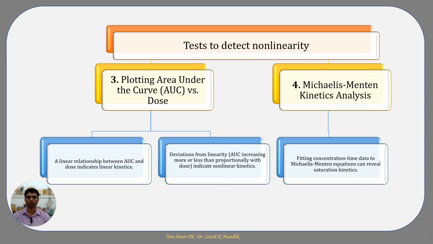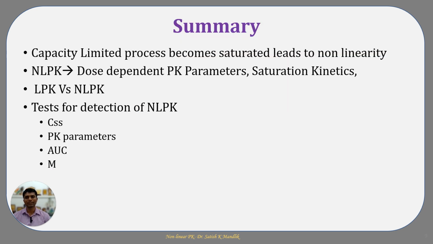So non-superimposable AUCs, we can say, show non-linearity. Another method by which you can detect non-linearity is Michaelis-Menten kinetics analysis. Fitting the concentration-time data to Michaelis-Menten equations can reveal the saturation kinetics. So these are the different methods by which you can detect non-linearity.